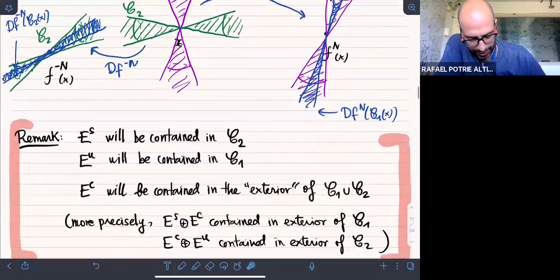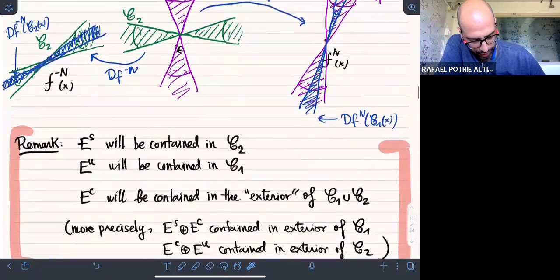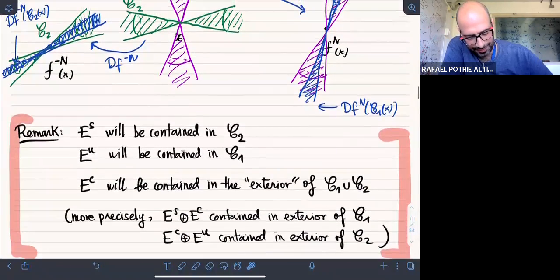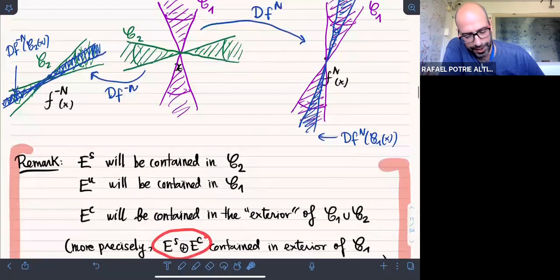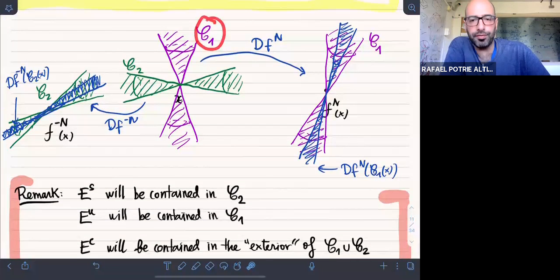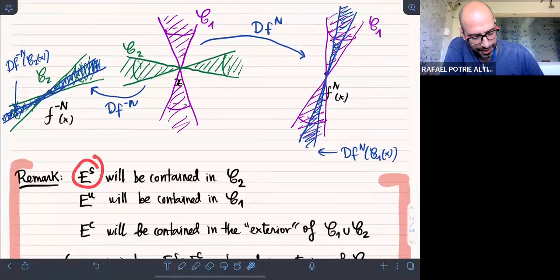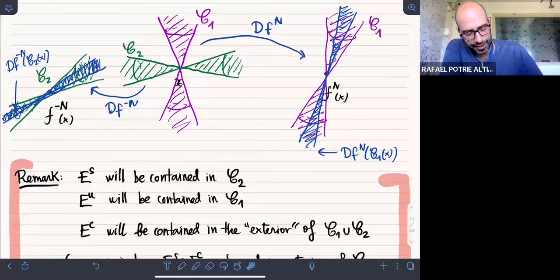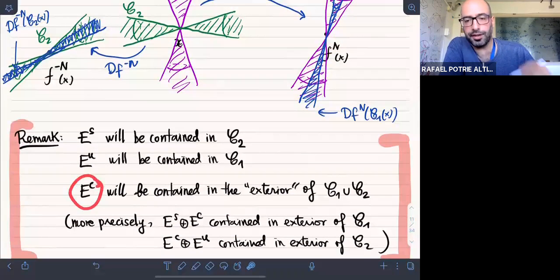And here, what I'm also saying, so the center stable direction will be contained in the pre-images of the complement of this bundle, and so I'm here finding ES and EU, but indirectly I'm also finding the center direction.